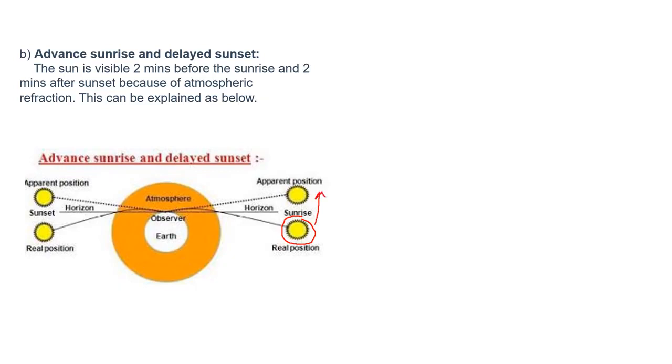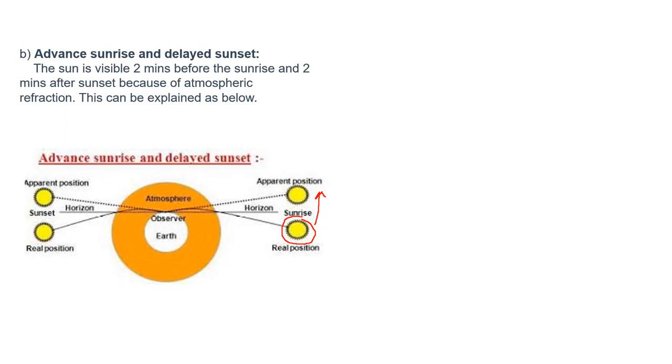Children, all the celestial objects, if you see any celestial object standing on the Earth, you will find their position is raised up because of the atmospheric refraction, right? Because of the atmospheric refraction, the light will bend towards the normal, because every time it is passing from the rarer medium towards the denser medium.